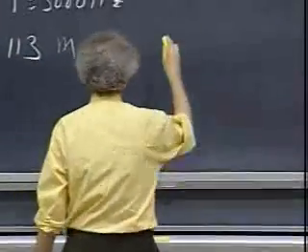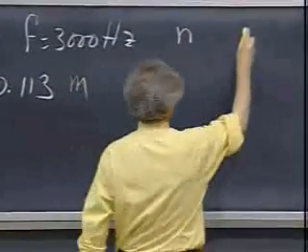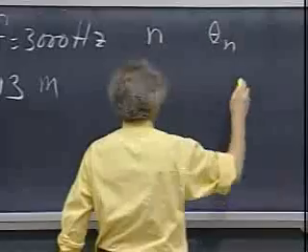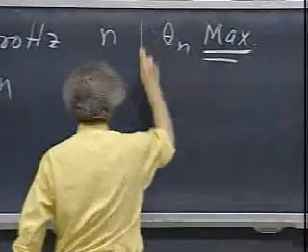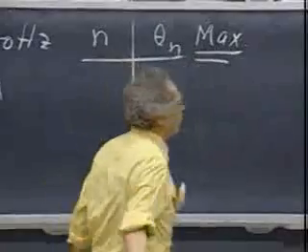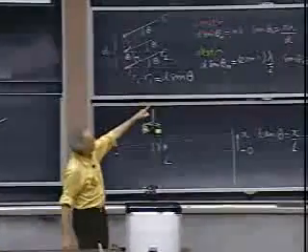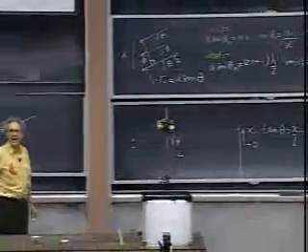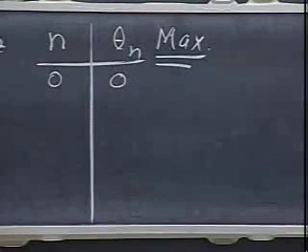The first thing that I'm going to do is I'm going to give you n, as in Nancy, and calculate that angle theta n, and I will do it for the maxima. In other words, I'm going to use constructive interference, and you see that the sine of theta n is n lambda divided by d. That's the equation I use. When n is 0, the angle is 0. Everyone here will hear a maximum.